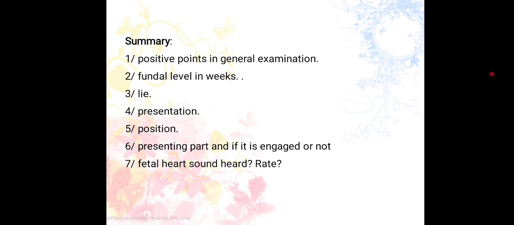Position according to the presenting part and fixed point: in cephalic presentation the occiput, in breech presentation the sacrum. The position is either right occiput anterior, right occiput transverse, right occiput posterior, left occiput anterior, left occiput transverse, or left occiput posterior, direct occiput anterior and direct occiput posterior. These are the possible fetal positions.